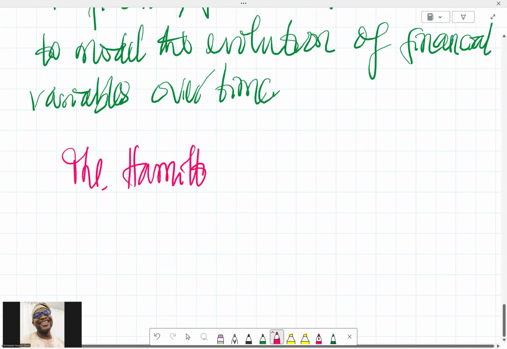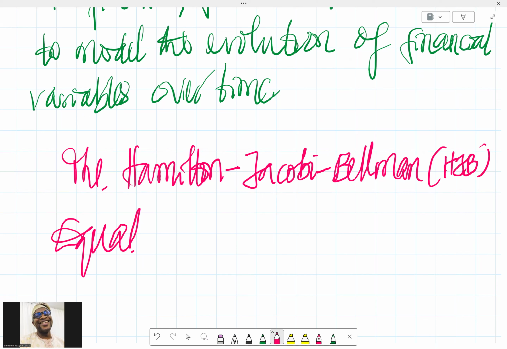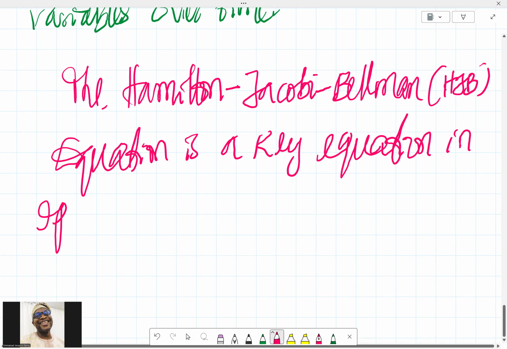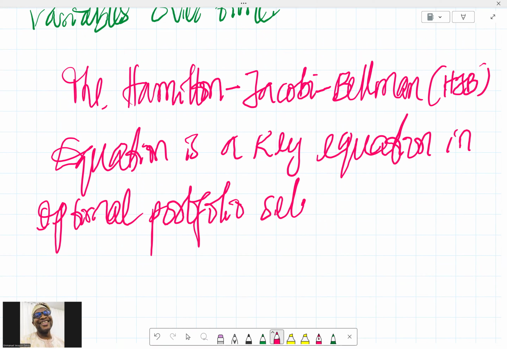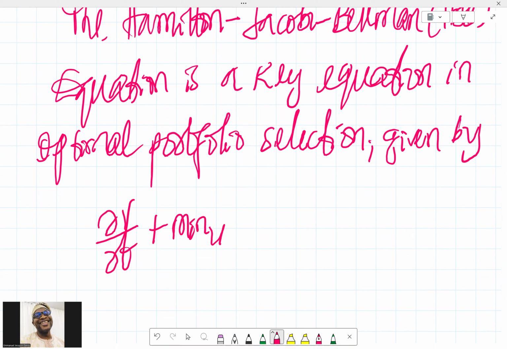The Hamilton-Jacobi-Bellman, HJB, equation is a key equation in optimal portfolio selection, given by partial V, partial T plus the minimum across U of L U V equals 0.